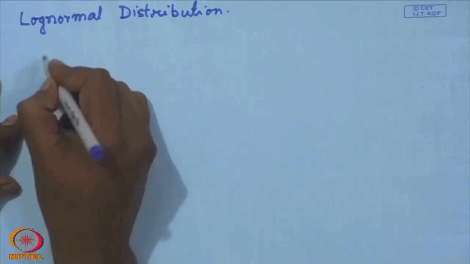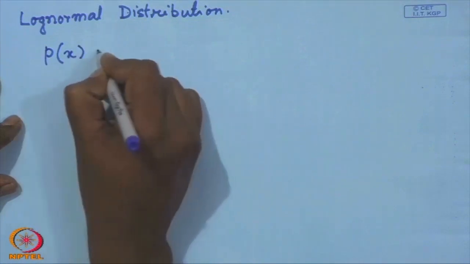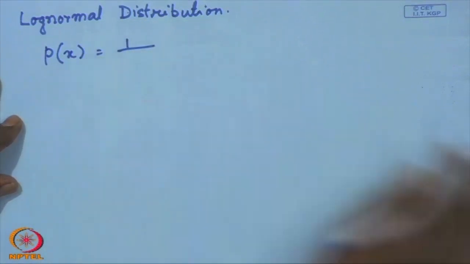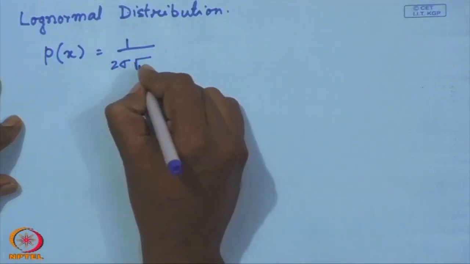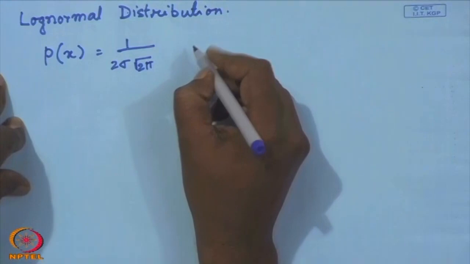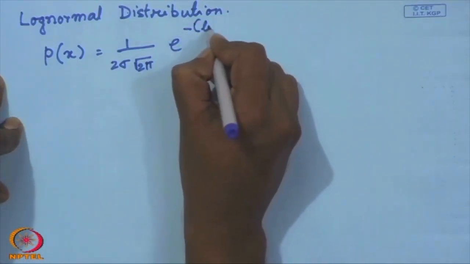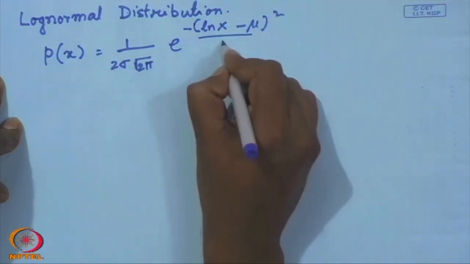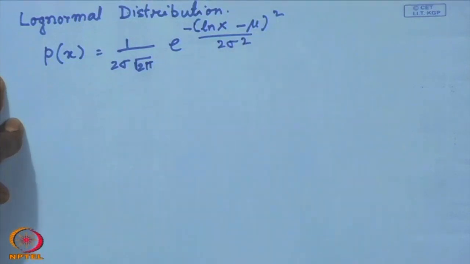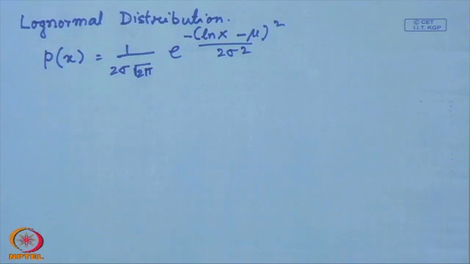The log normal distribution is given by P of x is equal to 1 over 2 sigma square root of 2 pi, e to the power minus (log x minus mu) square upon 2 sigma square. So, this is an expression for what is called log normal distribution.